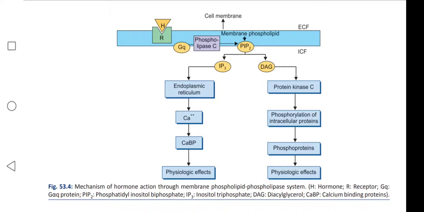When the HR complex is formed, it reacts with the G protein, that is Gq, and with the phospholipase and phosphatidyl inositol phosphate.